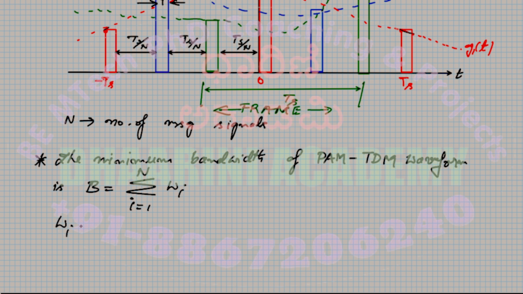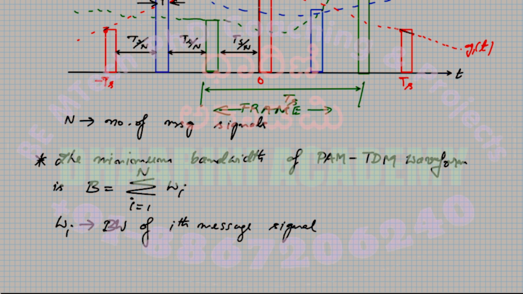So here we have Wi is the bandwidth of the ith message signal. So I write that is BW of ith message signal.